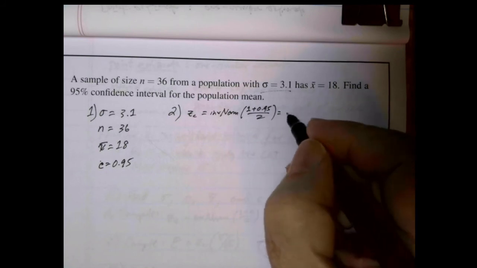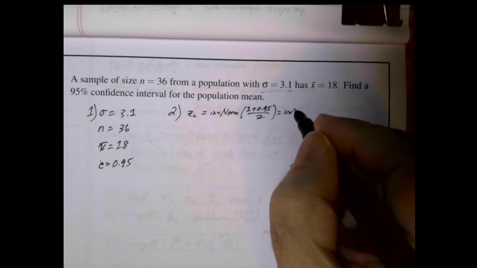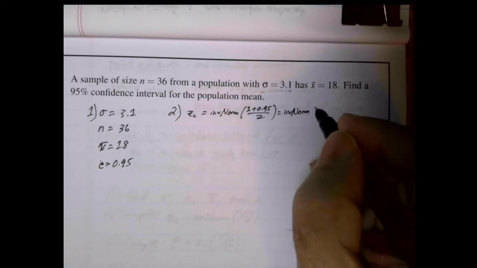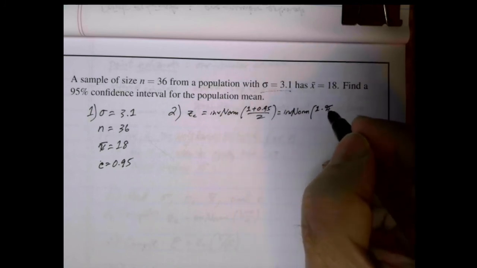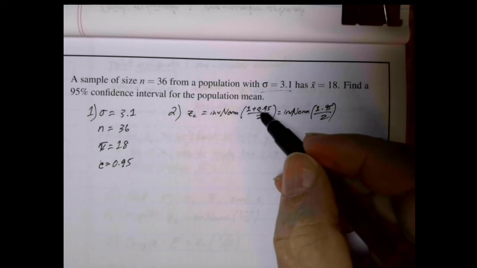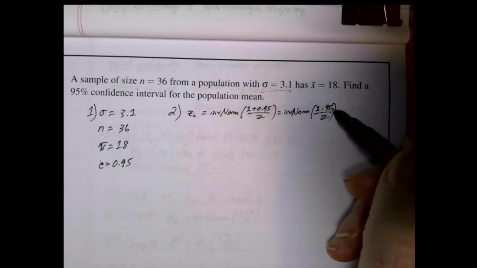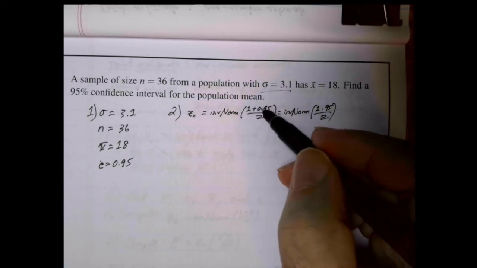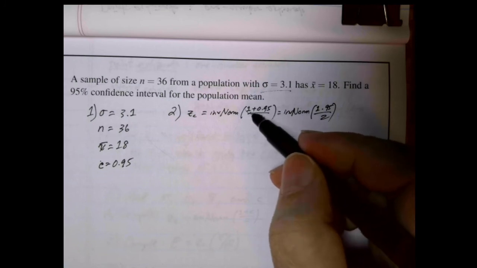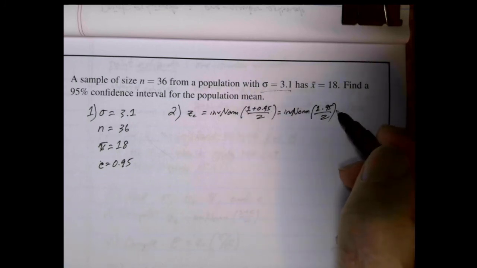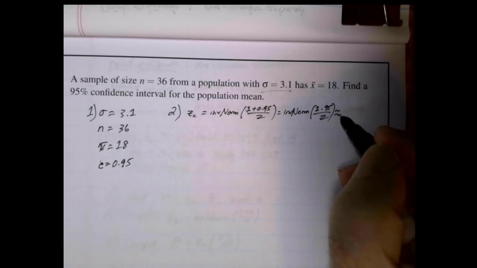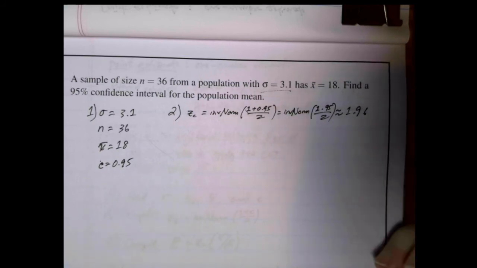And because I'm inclined to make lots of mistakes in computation, I'm going to do this first addition in my head, and I'm going to write that as 1.95 over 2. The reason is that if I don't do that, when I put this in my calculator, I'm going to forget to add the numerator parts together before I divide by 2. And this is about 1.96.